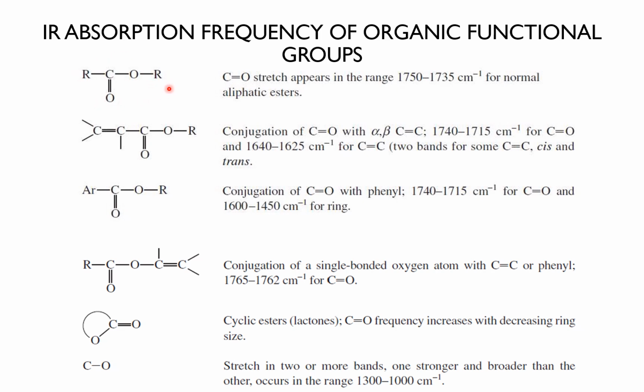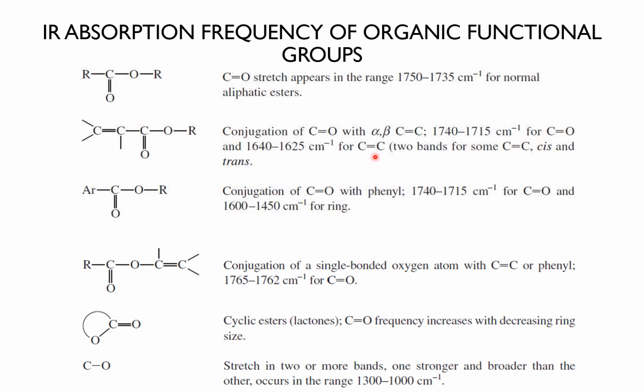So for aliphatic esters, the carbonyl stretch appears in the range of 1750 to 1735 centimeter inverse. As we introduce conjugation, that is a carbon-carbon double bond, we get a value which is lower than normal aliphatic esters, which is 1740 to 1715 centimeter inverse for carbonyl.